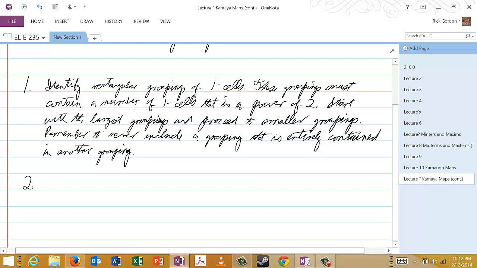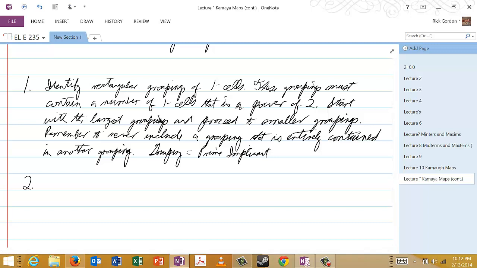So, after you have identified the groupings, and by the way, for grouping, I'll go ahead and say grouping equals a prime implicant. So I might as well use the more traditional term for that. These groupings that we will identify are the prime implicants.